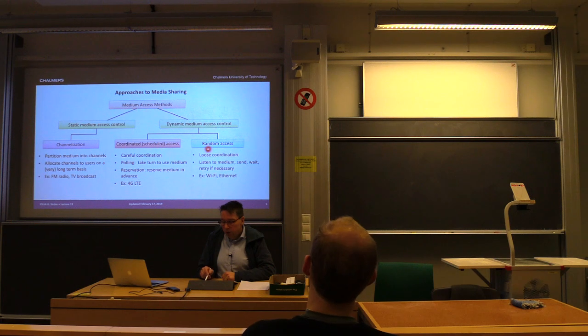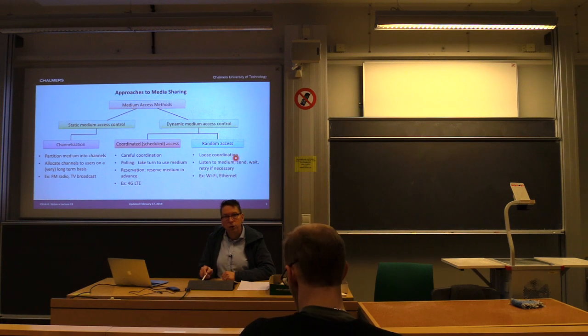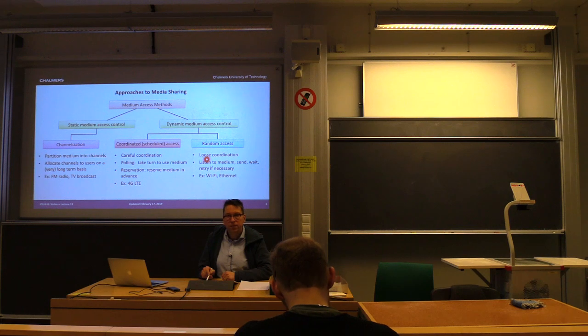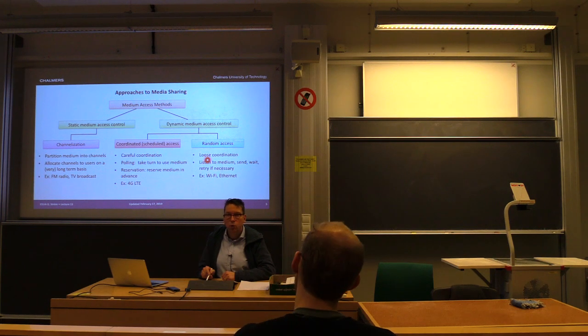Another thing we could do is some type of, it's called random access. And here the coordination is much looser. So basically here there's less of a coordination phase, I would say. One method would be to simply transmit data when you have it, and then hope for the best, right?